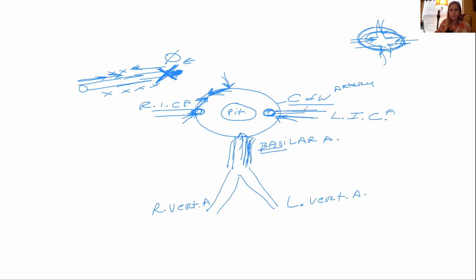And because there's blood coming into this same circle, and this is the circle of Willis, it's just a bunch of vessels that blood's coming in from all different directions. And there are way more arteries bringing blood into this circle of Willis, but we're only responsible for three: left internal carotid, right internal carotid, and basilar.